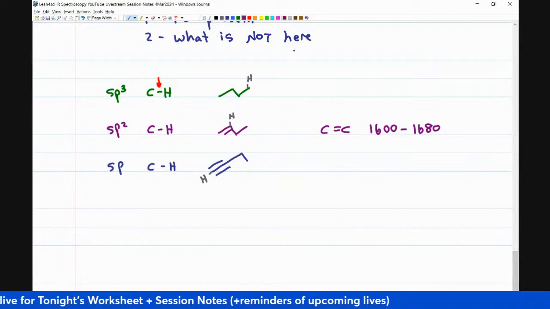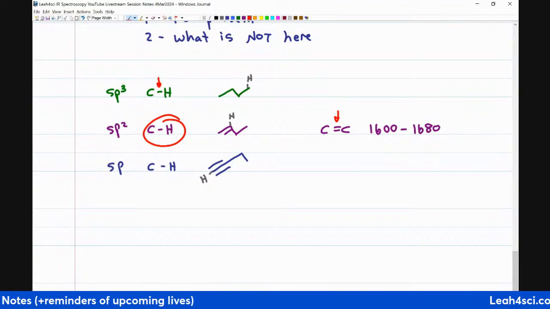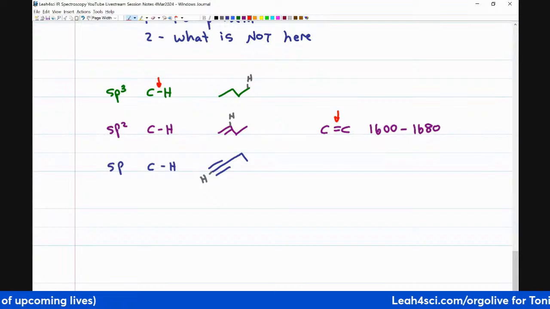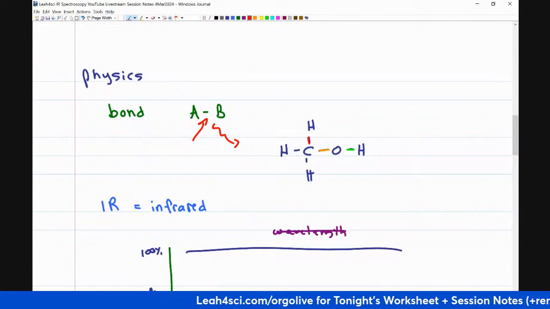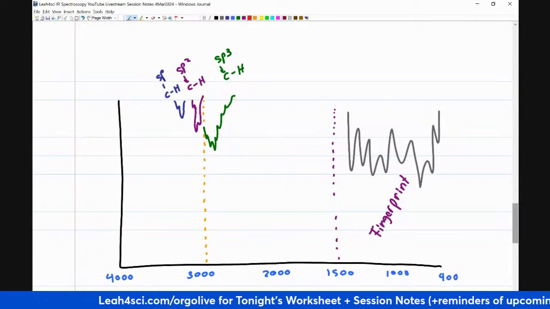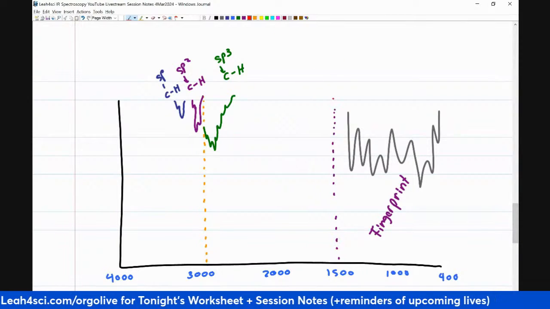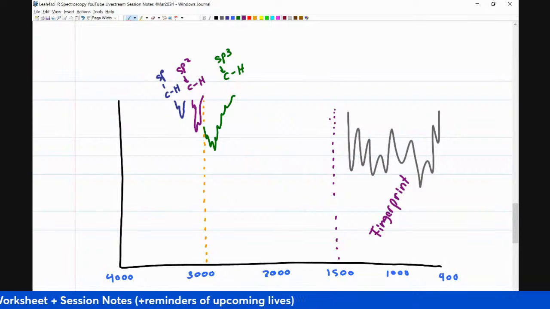Around there, you'll see the carbon-to-carbon double bond, and this is the bond between the two carbons as opposed to the bond between carbon and hydrogen. These will be kind of skinny, kind of pointy. Where is my graph? Here. Kind of skinny, kind of pointy, around 1600.